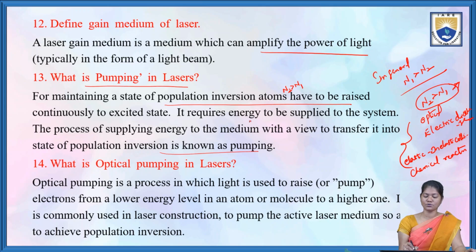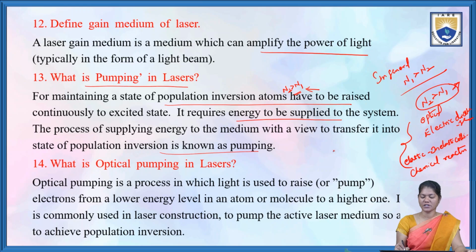It requires energy to be supplied to the system. So we need to supply some energy to the system. The process of supplying energy to the medium in view of transferring it into the state of population inversion is called pumping.